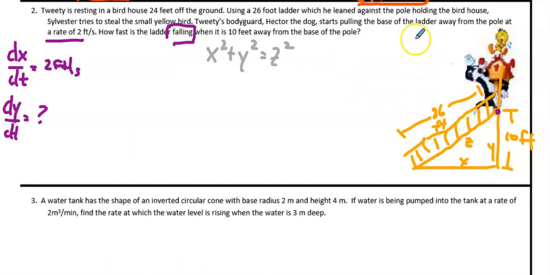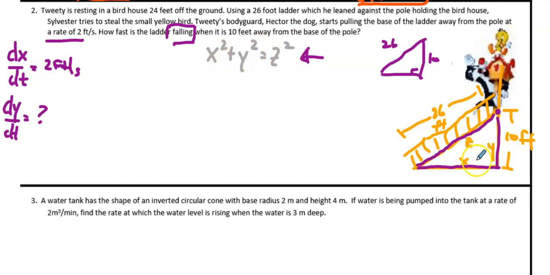So what you can now see is, if I draw this right triangle, this is the 10 and this is the 26. And you can use Pythagorean theorem to actually find this side right here, but we'll get to that in a little bit. So here's our equation that represents how X, Y, and Z are related.